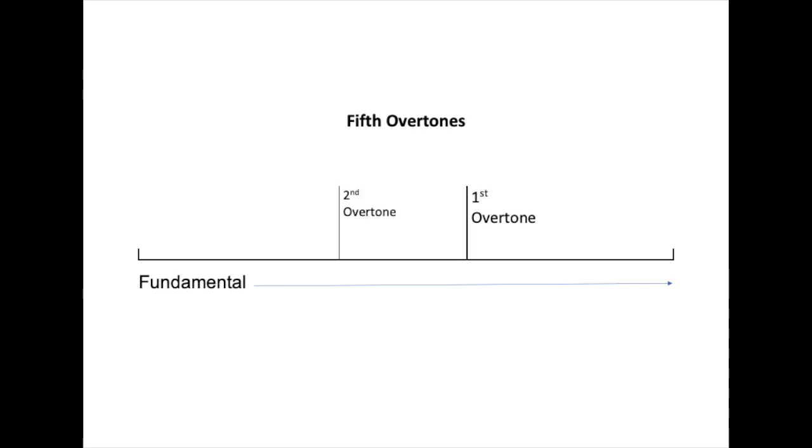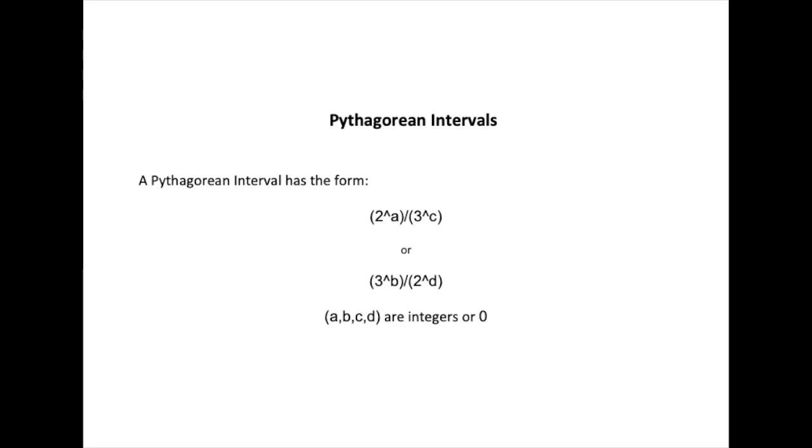This overtone would itself have an overtone of an octave plus a fifth, etc. Pythagorean intervals may be formed as the product of the naturally occurring fifth and octave overtones of the harmonic series.